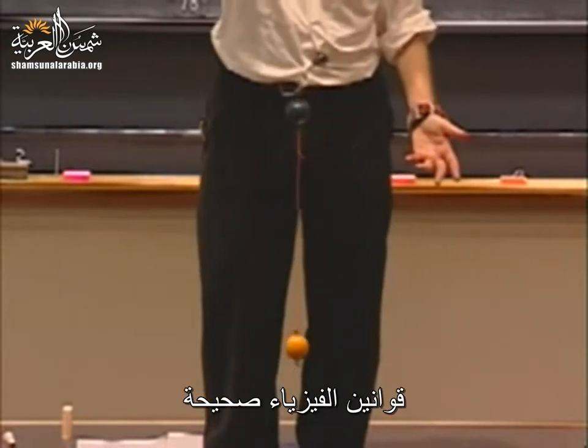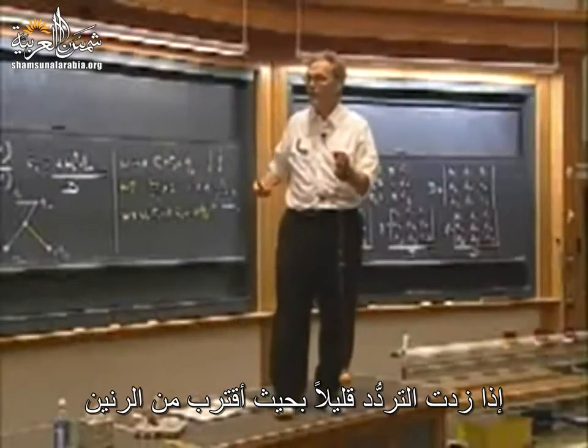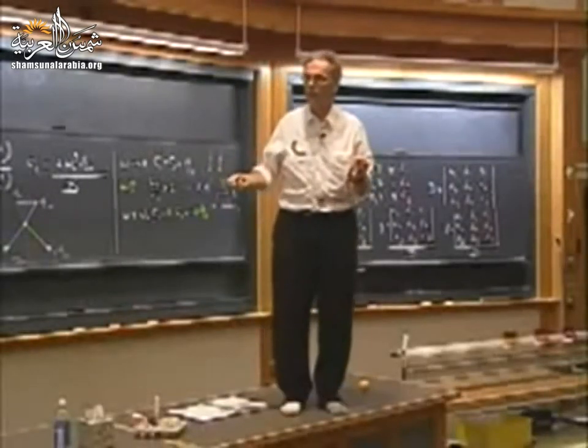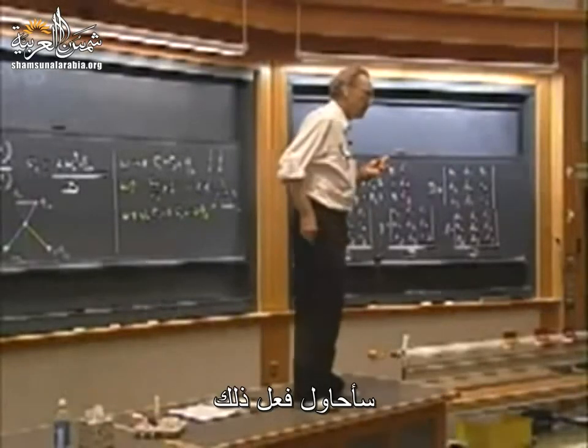Physics works. If I go a little higher up here, so I go somewhere here, approaching resonance, then you will see that C2 becomes larger than C1. This is C2 and this is C1. And you get to see a picture which is very much like this. And I'll try that.